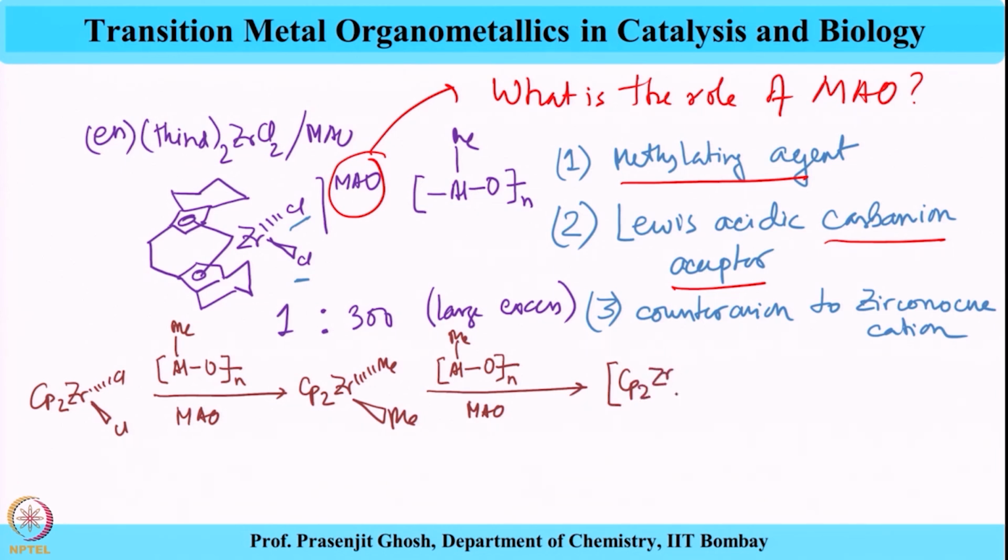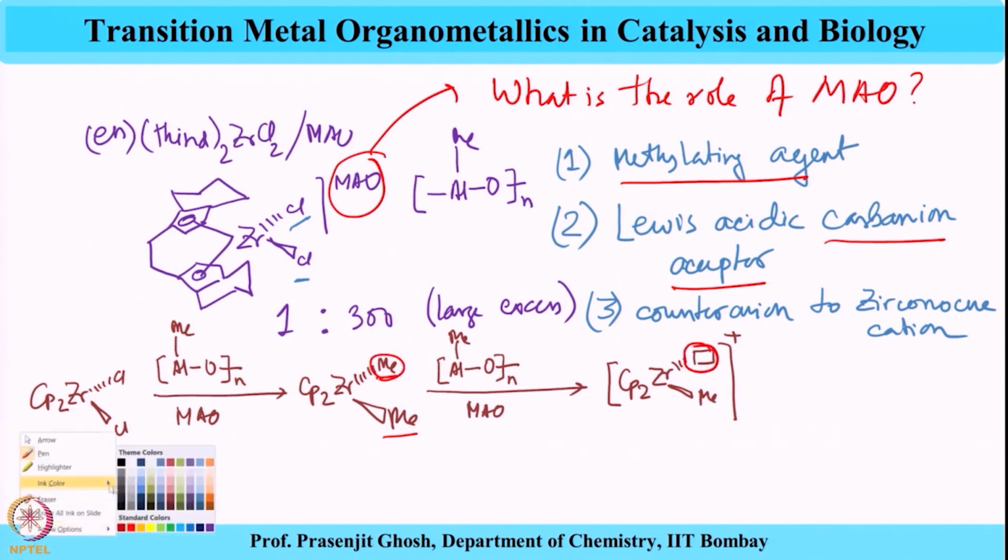One of the methyls gets abstracted, the other is a vacant site, plus the anion. So, only one methyl gets abstracted and then ends up becoming a vacant site over here, and then the anion. So, this is the second role.